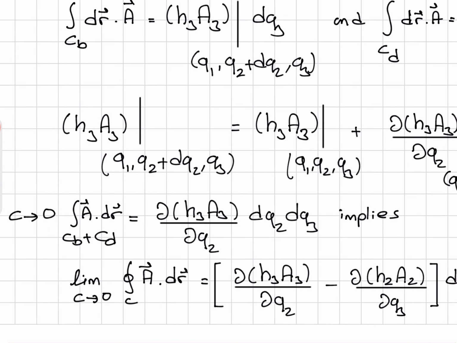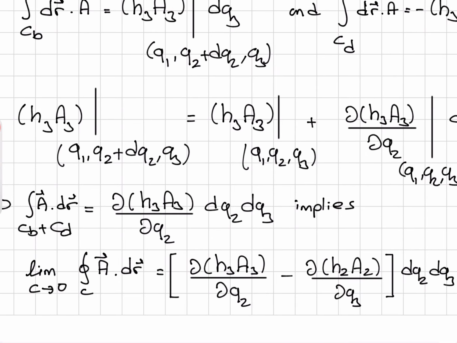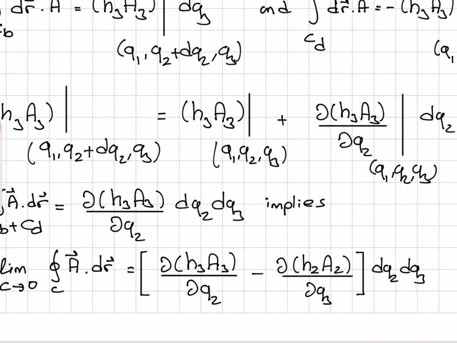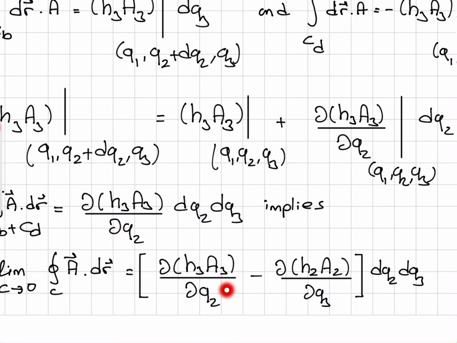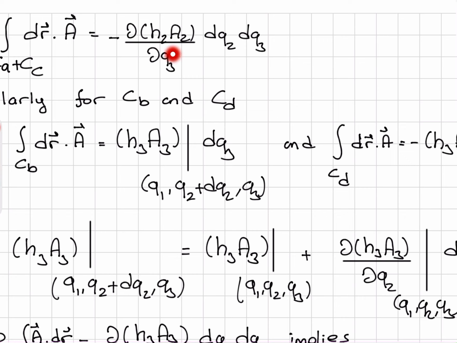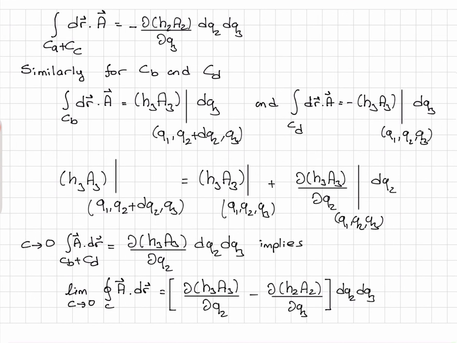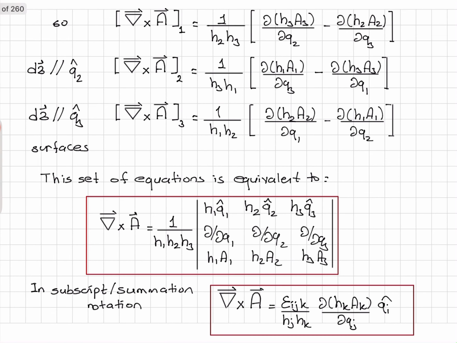So as S, C goes to 0, the integral of A dot dr for CB plus CD gives me this contribution. If I add these two contributions, the limit of the closed contour integral of A dot dr is the partial derivative of h3 A3 with respect to q2 minus the partial derivative of h2 A2 with respect to q3, multiplied by dq2 dq3. So that's the right-hand side of the equation.